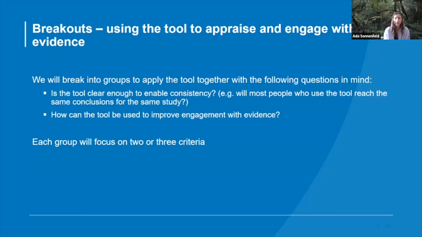As Hikari mentioned, for each criterion, we're going to look at the study for the particular area, and we'll give you time to read the relevant section and think about the questions on the slide right now, as well as the specific criterion questions. We'll then have a discussion about what you think the rating should be for this study. Does that make sense? Any questions?